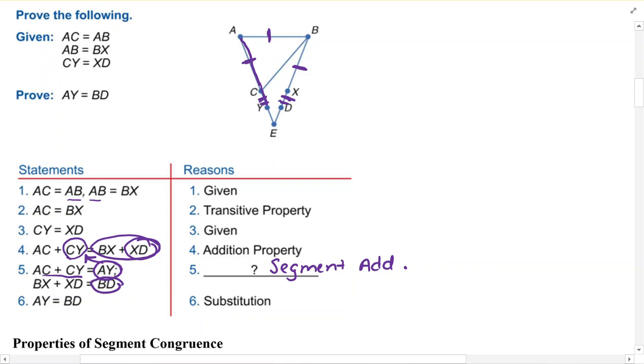So this is a fill-in-the-blank type of proof. It helps to know what's happening, to read through it, to understand when I'm looking at the one step. Sometimes like this one, I can just concentrate on this one, and that's all I need to know. And I know that AC plus CY, looking at the picture, it makes sense that it's AY, and I know that because of segment addition.